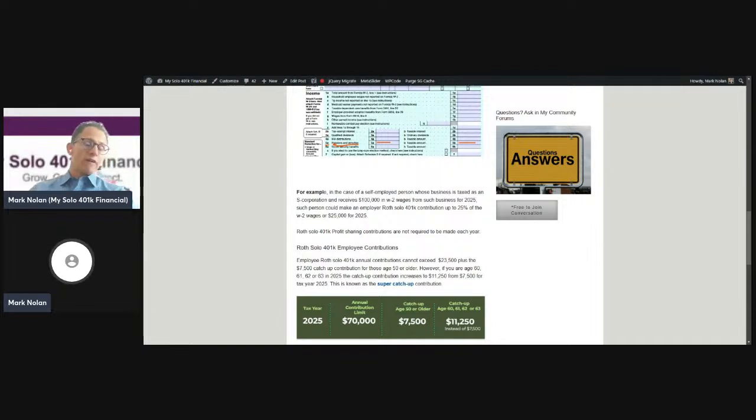So that means 25% of $100,000 in this example is going to be $25,000. So that'll be your maximum employer Roth solo 401k contribution for 2025, $25,000.